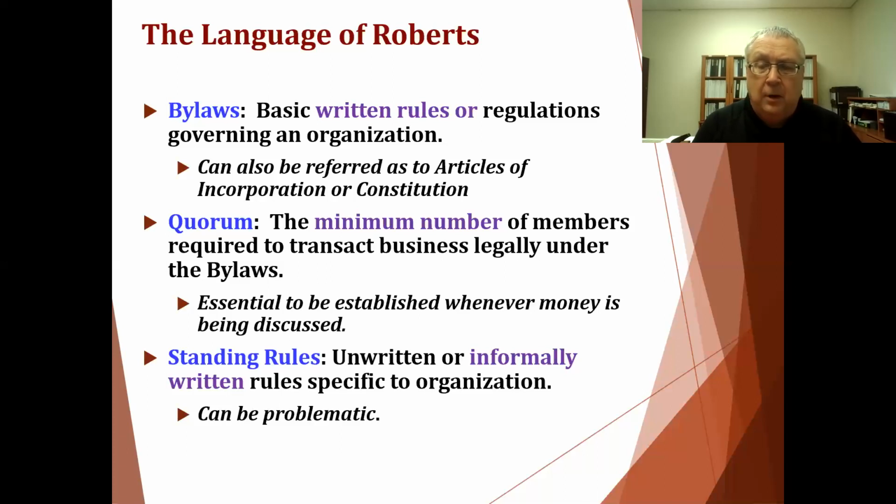And so as a parliamentarian, you're always looking at the agenda, which items are related to money, and those are the ones that need to have a little more attention and scrutiny and need to fit within the rules of parliamentary process.